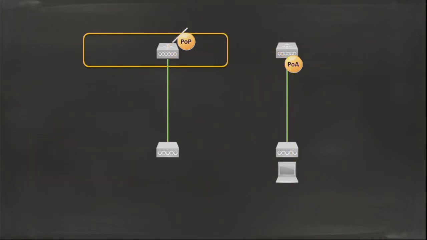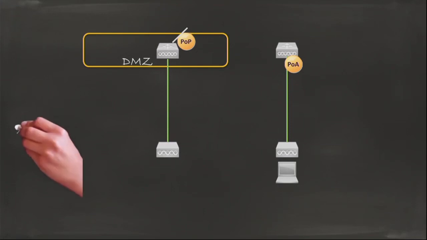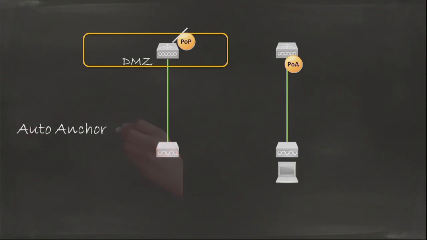There is a last concept that you will hear around anchoring, and that concept is called auto-anchoring. What that is, typically you have this DMZ concept where there is a controller for your guest traffic, for example. And in the auto-anchor logic, what we want to do is to always send traffic for a specific SSID to one controller.